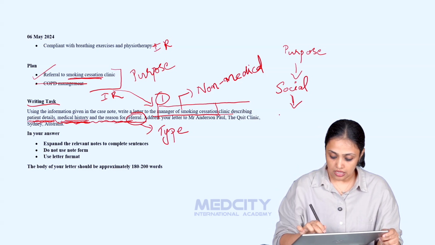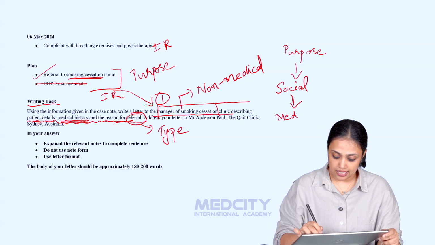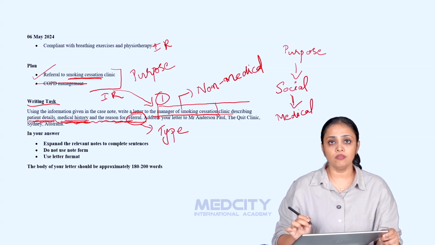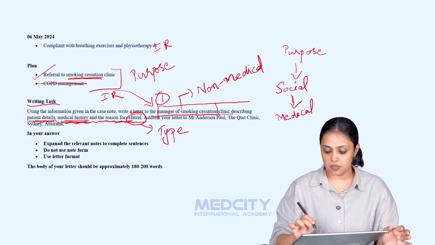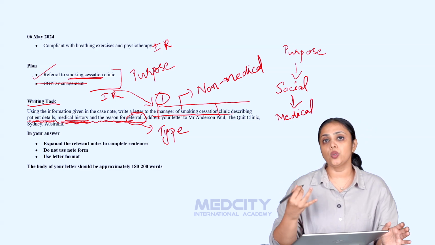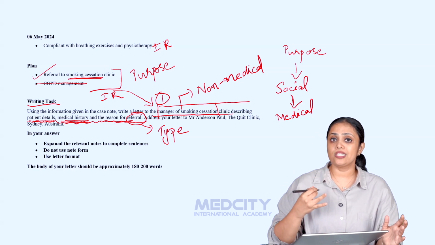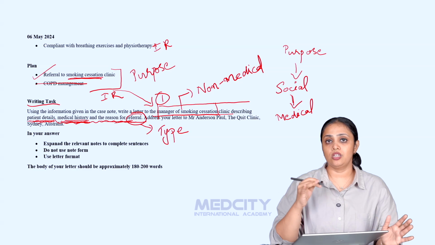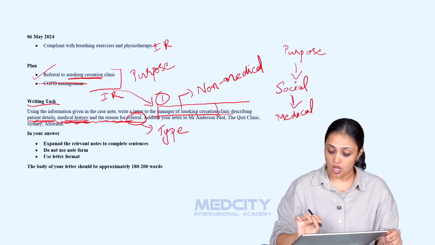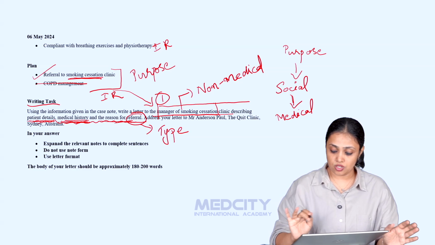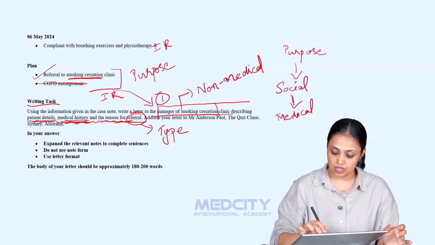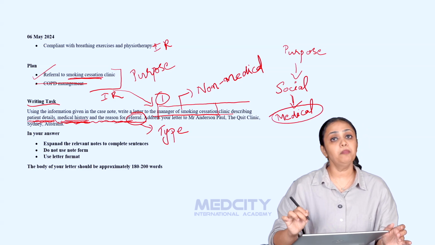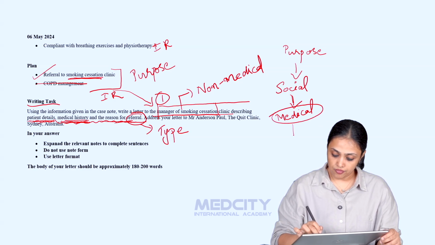Along with the medical aspects, you can mention how your facility advised and recommended the management for smoking cessation, and how the patient's non-compliance with those strategies can be mentioned alongside. And then finally you can come to the recommendation.